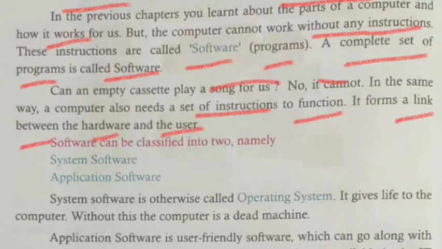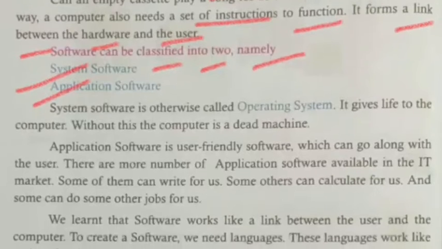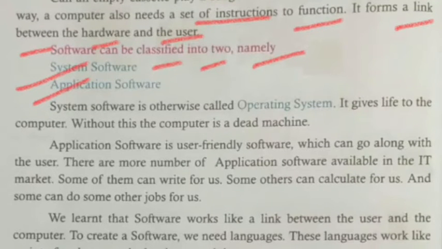Now software can be classified into two, namely what? System software and application software. These two are very important to know about, children.